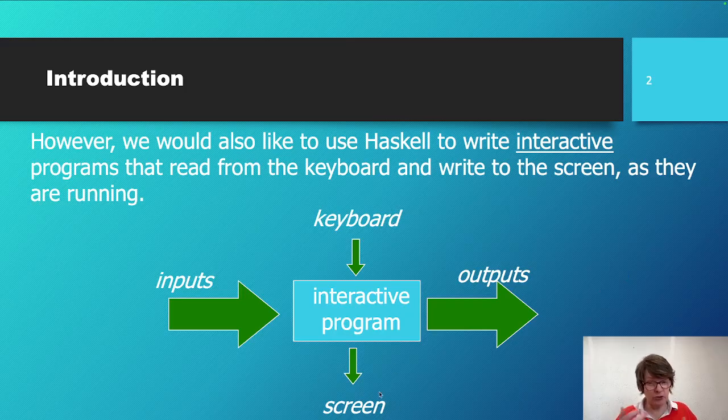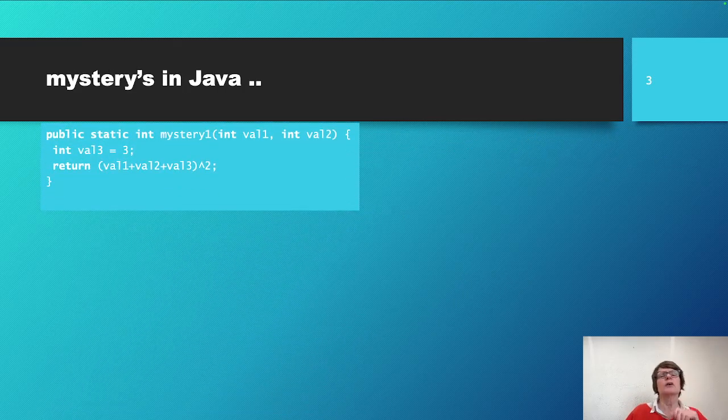We can also change state, but we're not going to look at that at the moment for the assignment and so on. Okay, so what we're going to look at is the difference between the way input output is dealt with or mentioned or defined in Java and in Haskell.